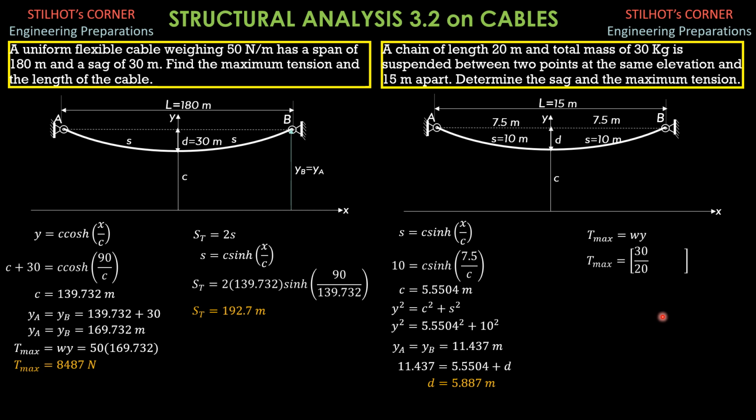So Tmax equals 30 over 20 times 9.81, then times Y 11.47. So this is now in newtons per meter times 11.47 meters. So Tmax is in newtons, and it is equal to 168.3 newtons.